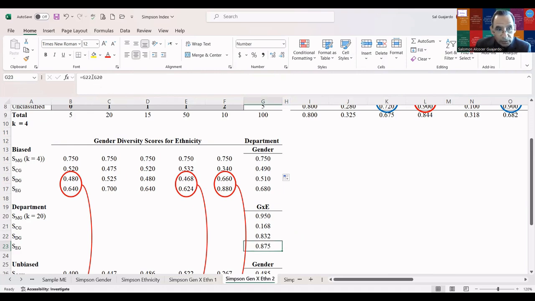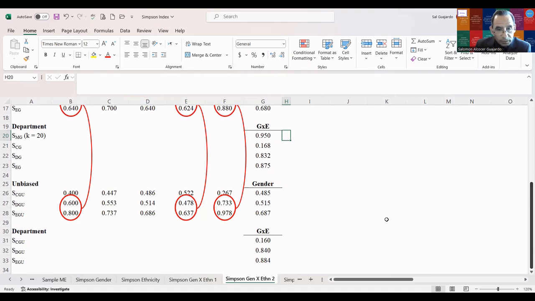In order to calculate the biased standardized score for gender and race, that's going to be the 0.83 divided by 0.95. That's 0.875. So the department obtained 88% of the maximum possible value for gender by race of 0.950. And I use the formulas to calculate the unbiased scores.